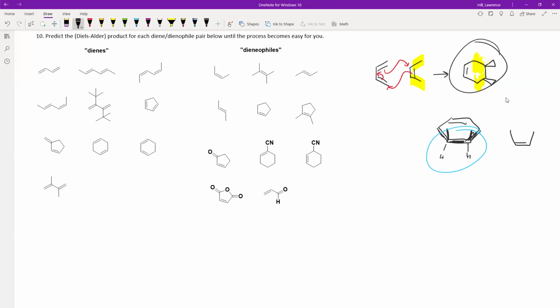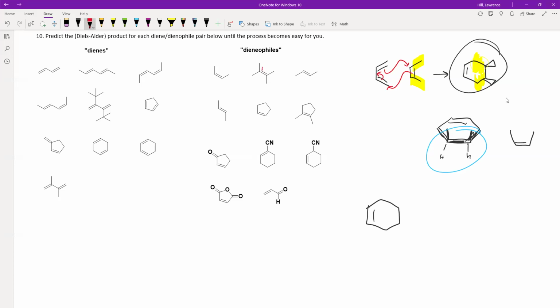What if we combine butadiene with the second one? Well, butadiene plus the second one gets us this cyclohexene ring. And then here are our 2 carbon atoms that made up this right here. Let me try that a different way.